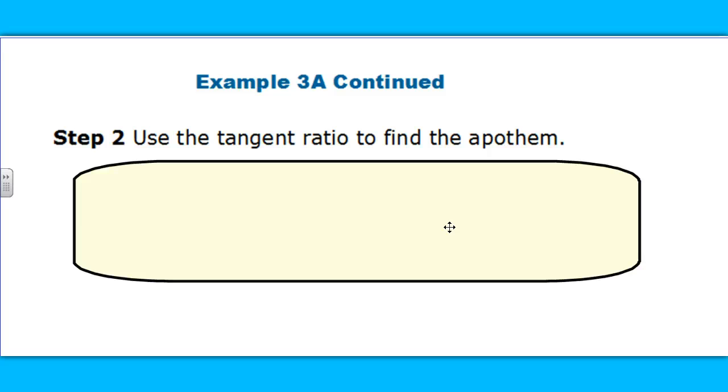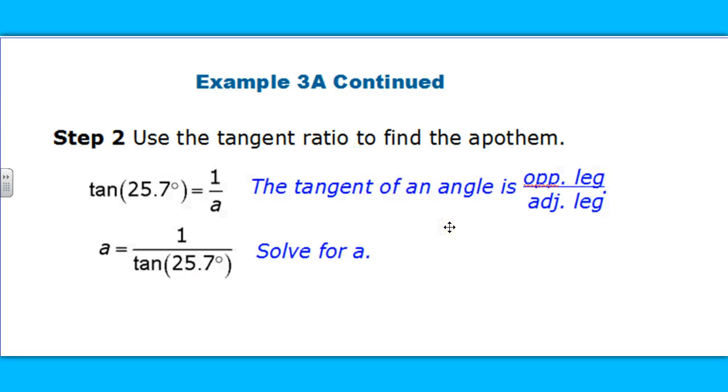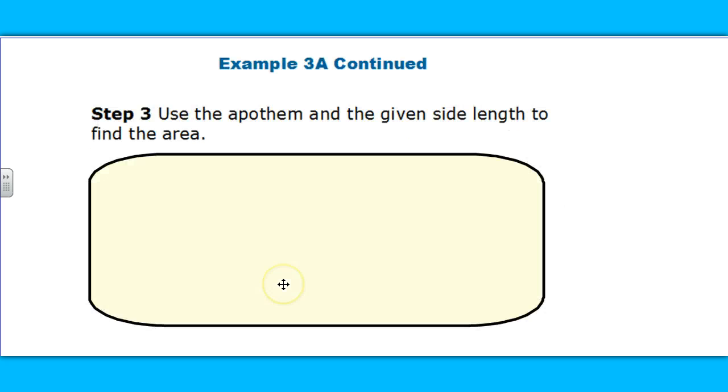So we can now use our trigonometric ratio, right? The tangent of our 25.7 degree angle equals 1, which is half of a side, opposite over adjacent, right? The adjacent is the apothem. We simply isolate A now. We can multiply by A and divide by tangent 25.7 and solve for our apothem.